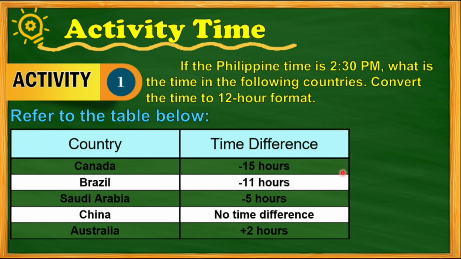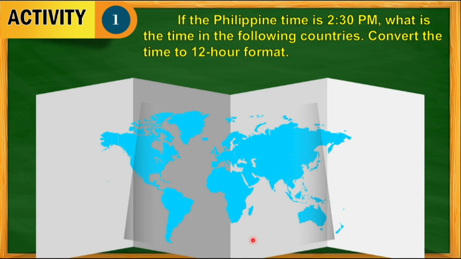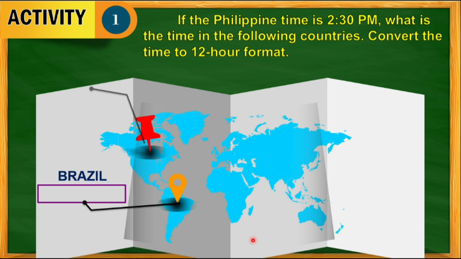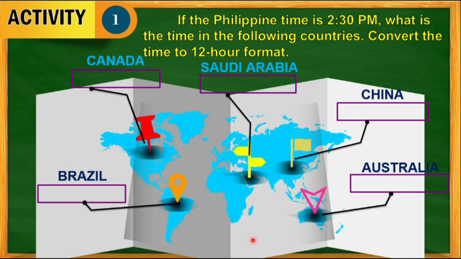Canada, 15 hours. Brazil, 11 hours. Saudi Arabia, 5 hours. China, no time difference. Australia is plus 2 hours. We have Brazil, Canada, Saudi Arabia, China, and Australia.